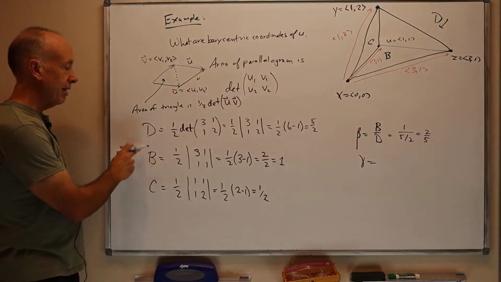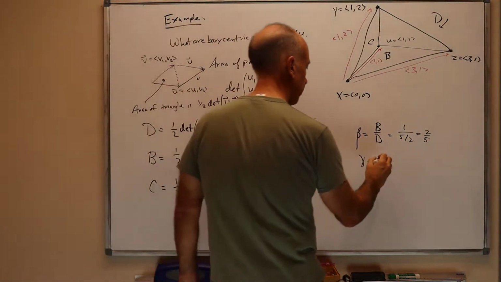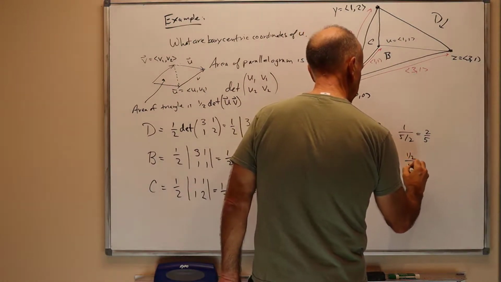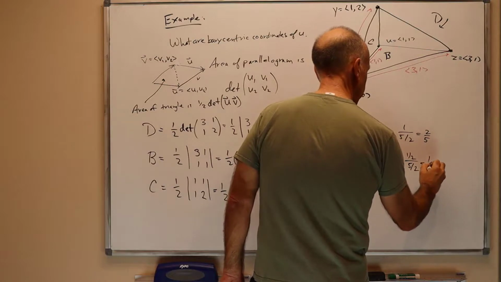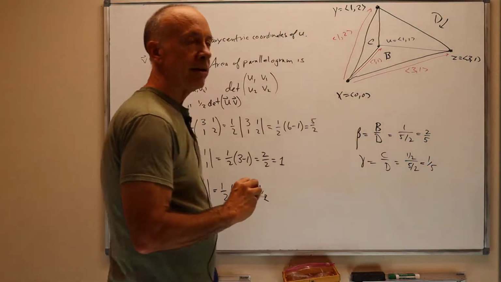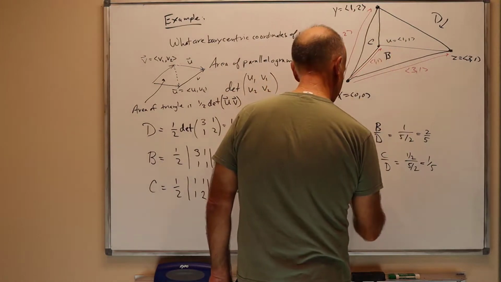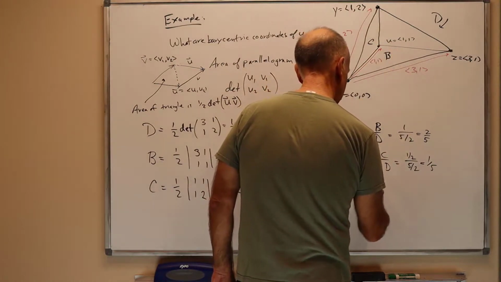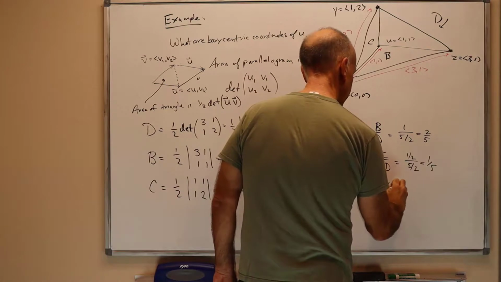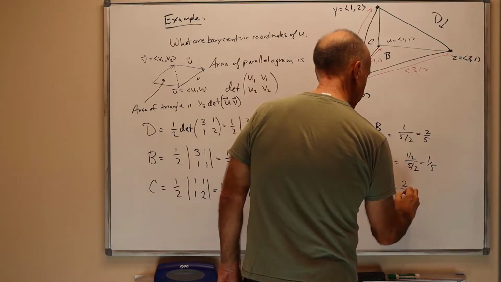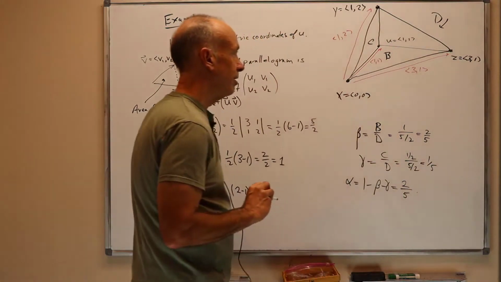Gamma is C over D, so that's 1/2 over 5/2, which is 1/5. Now alpha we could do the same way by getting the area of the triangle A, but here we can actually take a shortcut. Alpha is 1 minus beta minus gamma, so it's 1 minus 2/5 minus 1/5, which is 2/5.